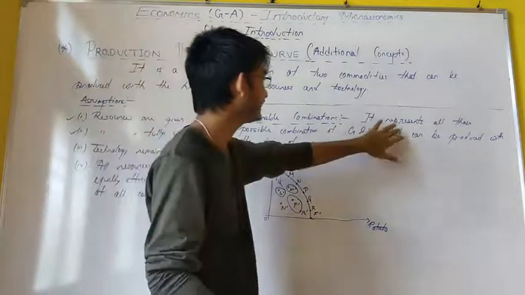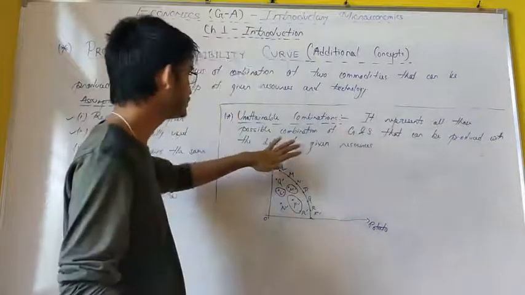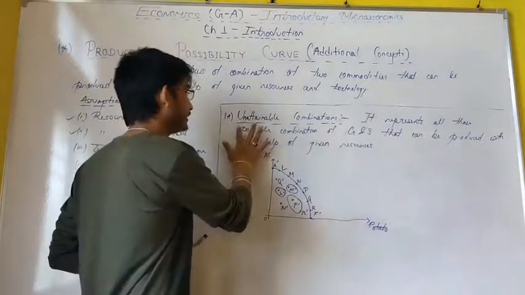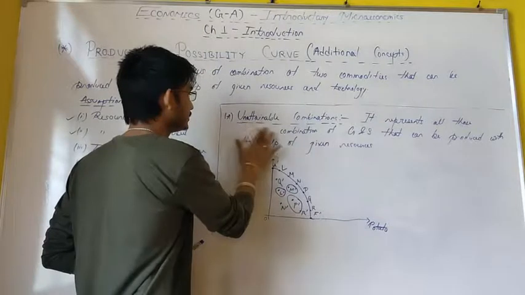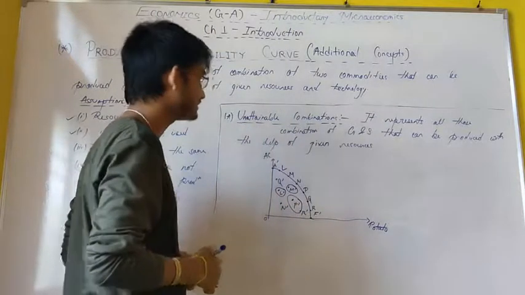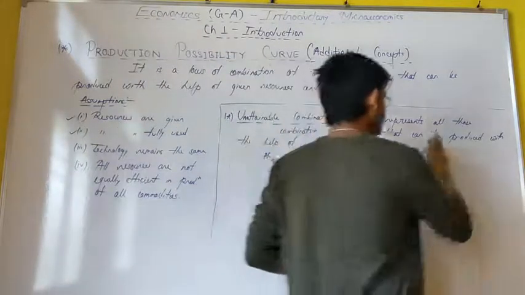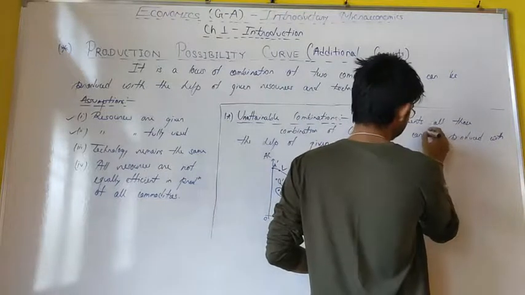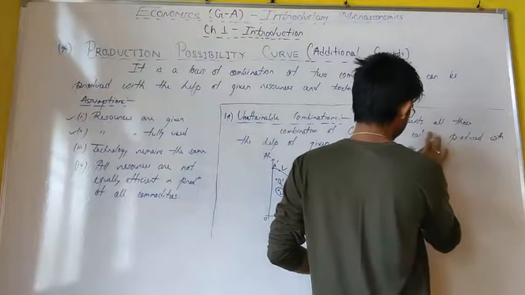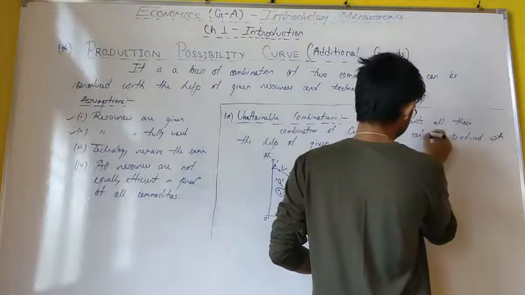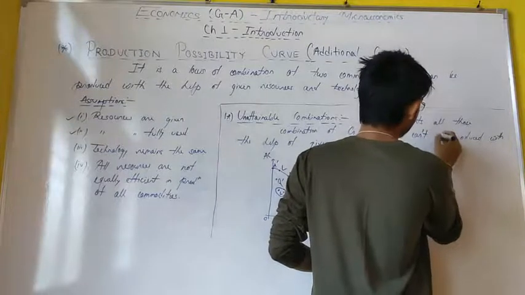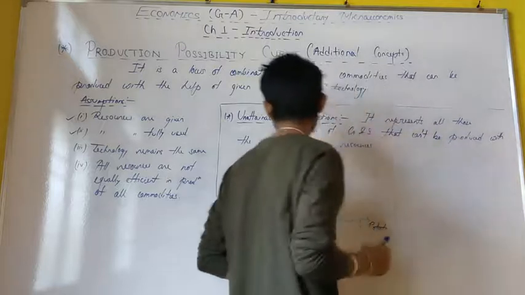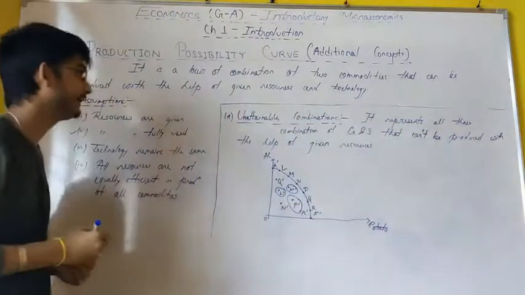So we can write that it represents all those combinations of goods and services that, now make it negative, cannot be produced with the help of given resources.